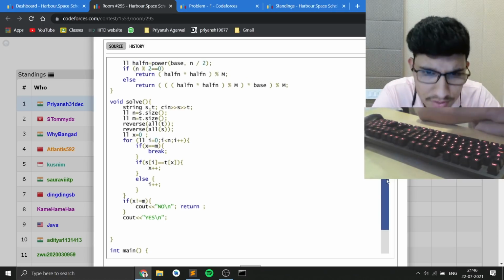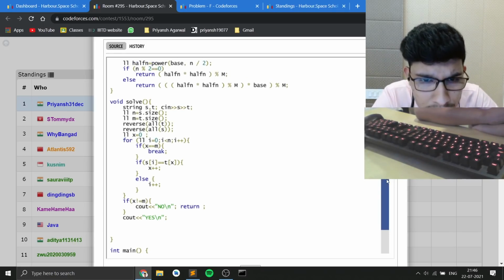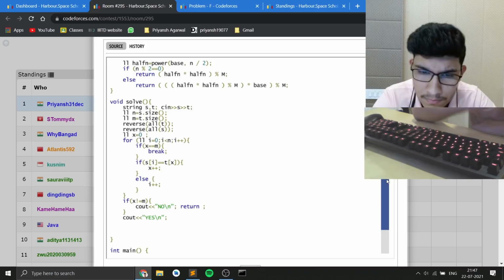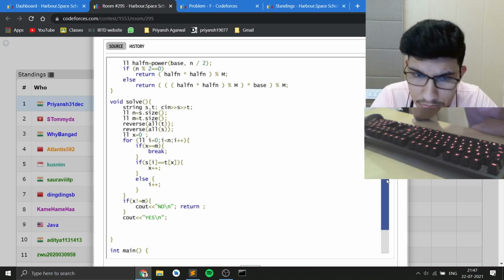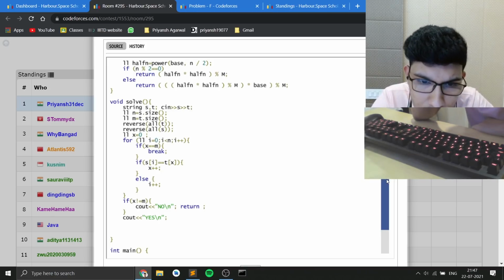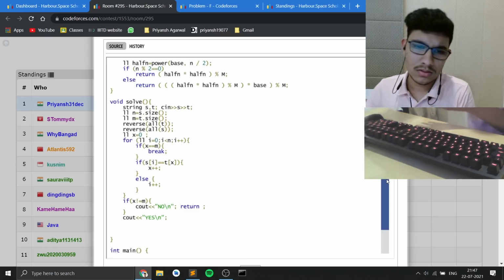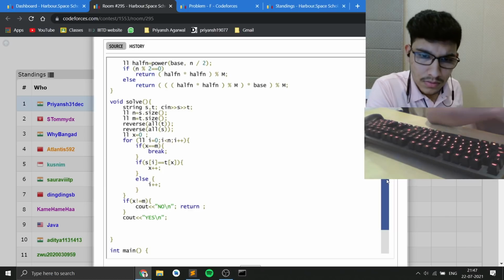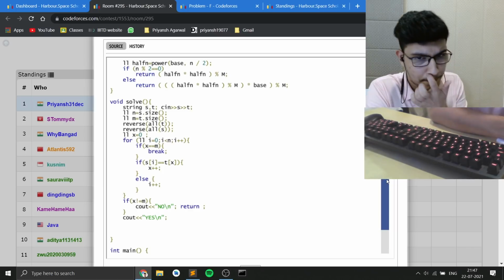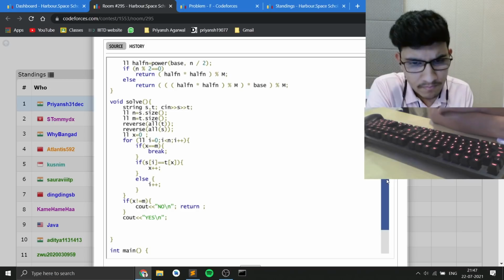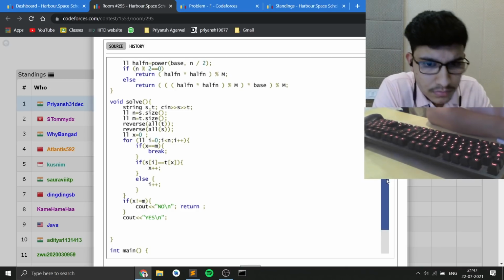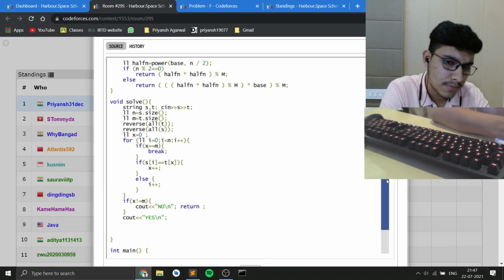Okay, so he has reversed them, which is fine. If x equals m, then you break. This is fine as well. Oh, okay. Oh, but just a minute. Else he does i++.